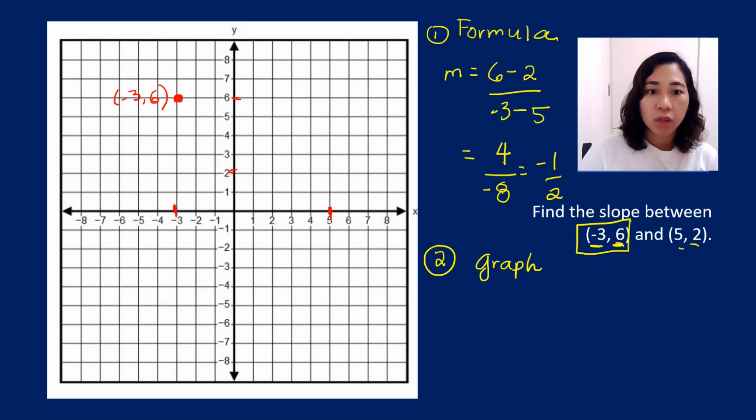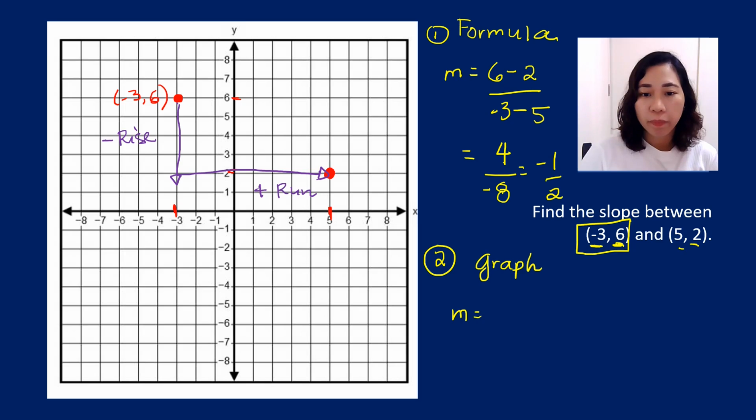Now, suppose I start here. I will go down, so that means a negative rise. And then I will go to the right. Since I'm going to the right, my run is positive.